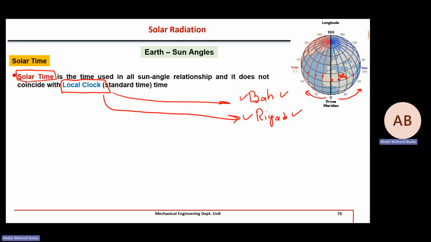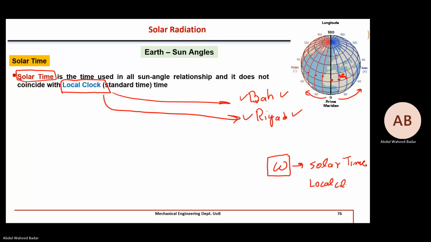Solar time will be different. So this difference between solar time and local time should be taken care of, because this omega, which we just discussed as the solar angle, is based on solar time.